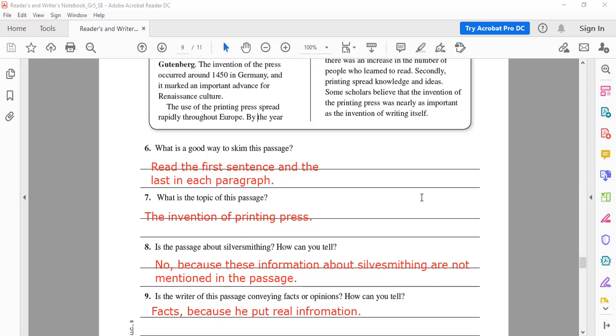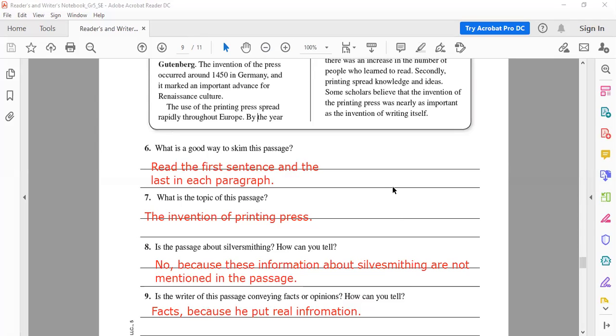Okay, number 10. How would you express the main idea of this passage? Just a minute. Did you finish all of this? Okay, now I finished. طيب, what is the main idea of this passage? What do you think?